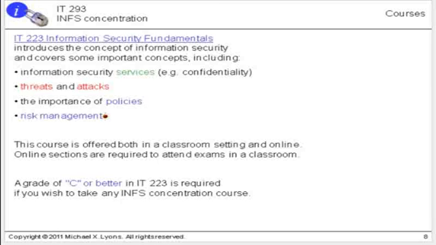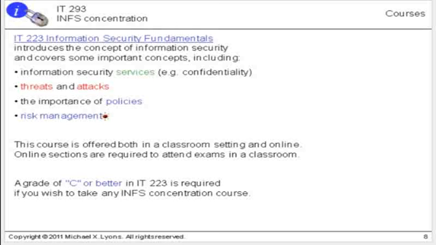We can't solve all of our problems. We don't have enough money, we don't have enough time, we don't have enough people, and the cost of doing it may not be worth the benefits we get from it. So part of what we do is to make an intelligent decision about the level of risk and what level of investment we want to make to address that risk.